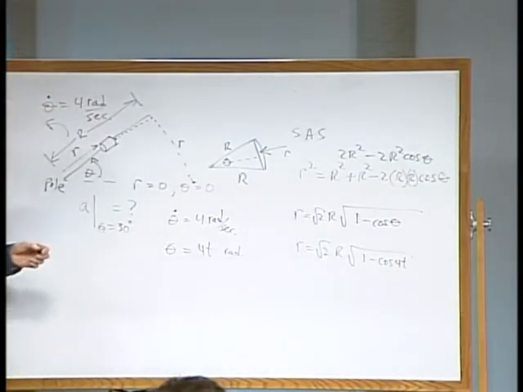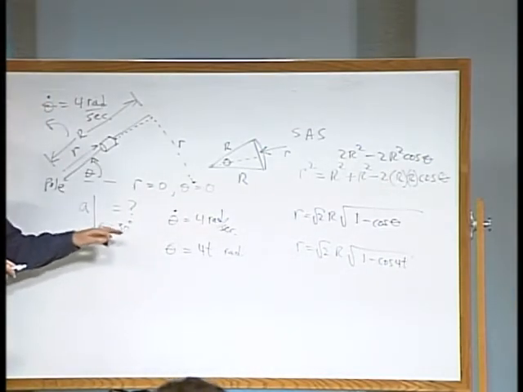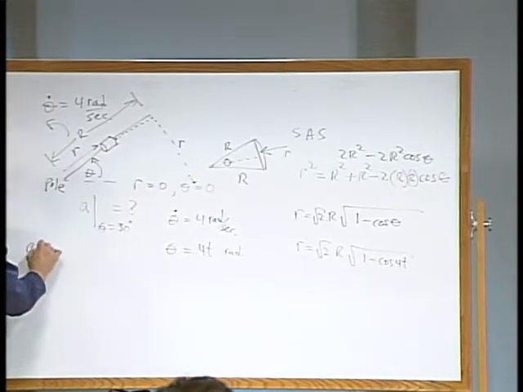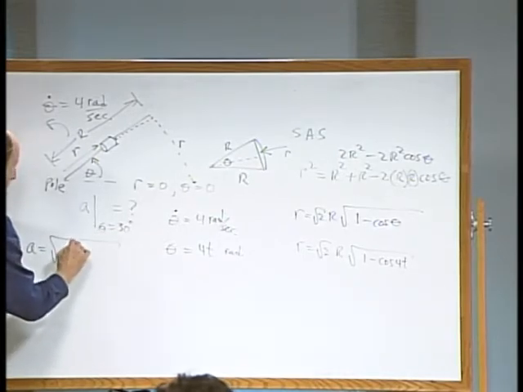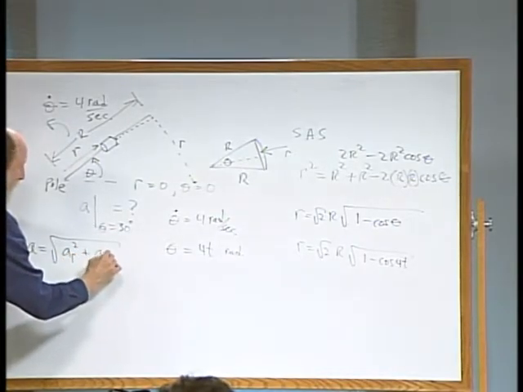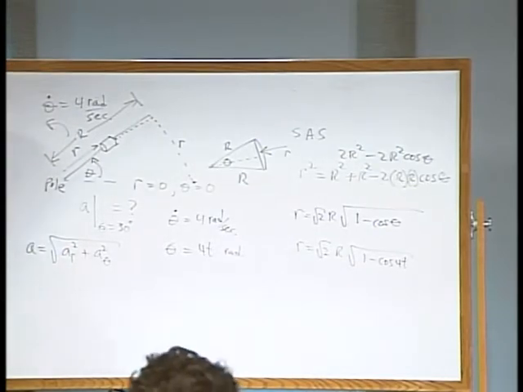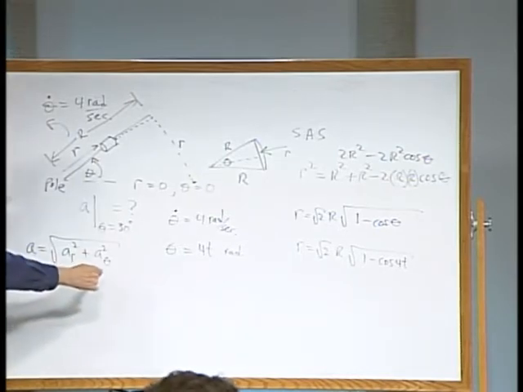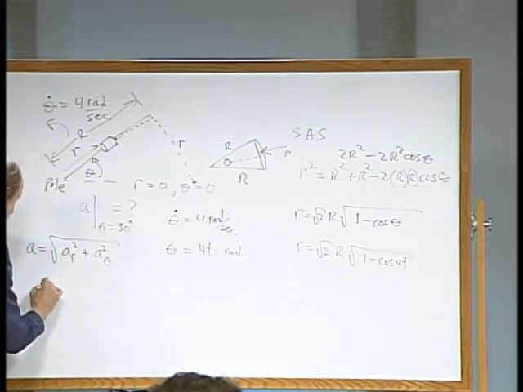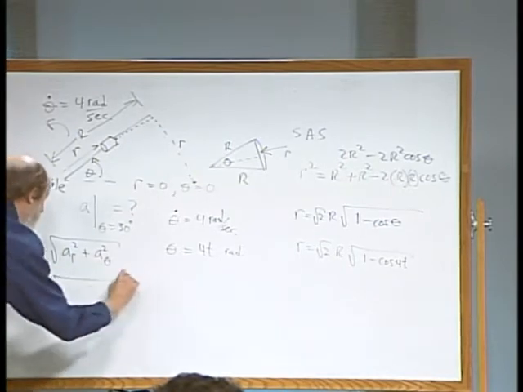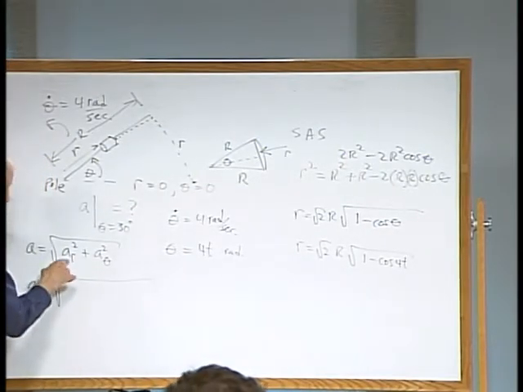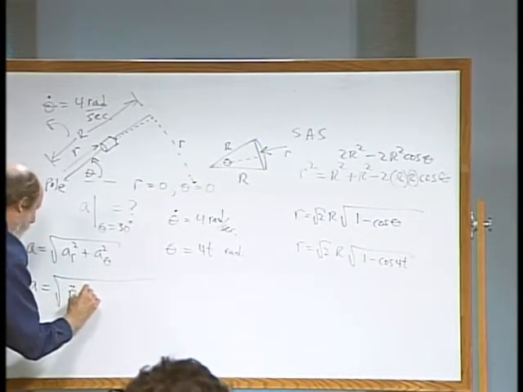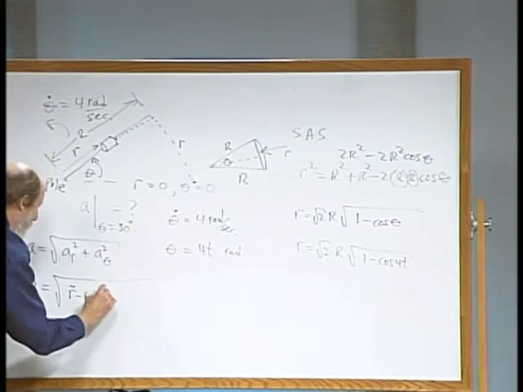Now what's our objective? Magnitude of the acceleration. This is where we're heading. So what you always want to do is to have some idea of what path you might want to take. So here's our magnitude of the acceleration, and inside this radical we have our radial acceleration term, which is r double dot minus r theta dot squared.